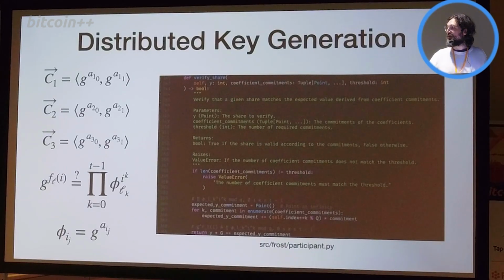Because the expected Y commitment is actually a point, not a scalar, we're adding all these points together. So only the scalars, the self.index to the k, need to be modded. And then the points are already in the subgroup.